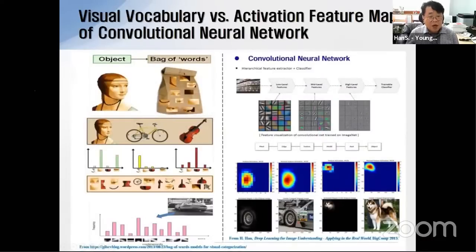The basic idea of bag of words is like that. You need to distinguish the human, the bicycle, and the violin. Most people think that you can distinguish these three objects using the shape of the face, the total shape of the bicycle, or the body of a violin. But according to the experiment, the distinguishing point is different from what humans think.